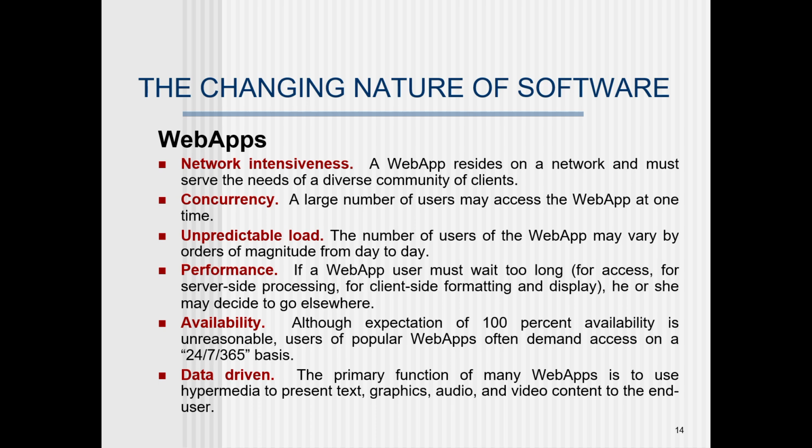Not just 30 to 50, it might be more than that per second if they're making transactions. So concurrency means if one person is able to access at some stipulated time, even the 30,000th person also should be able to access that web app at the same time.